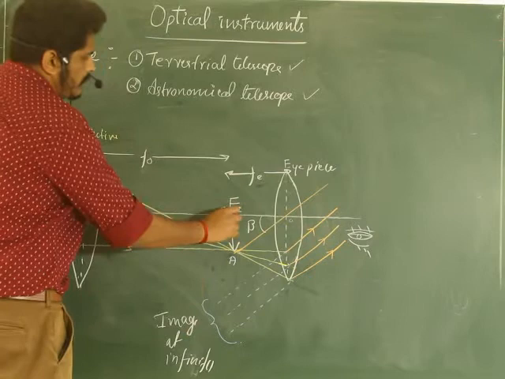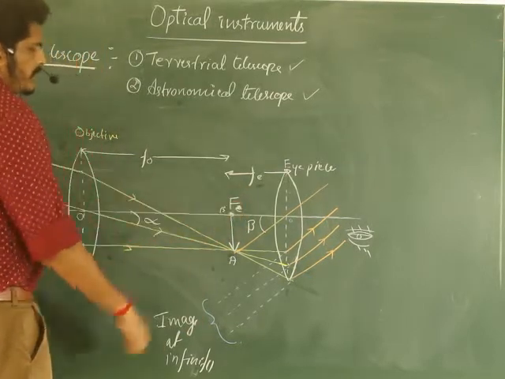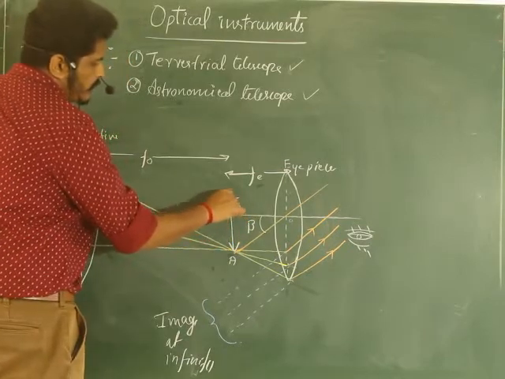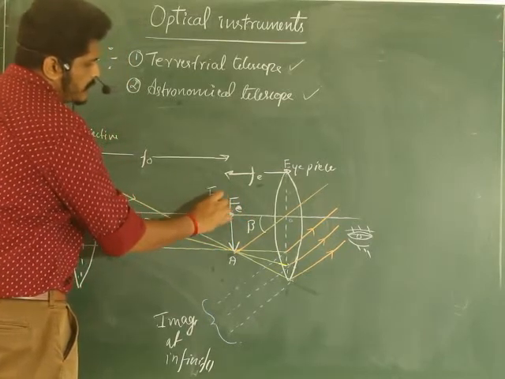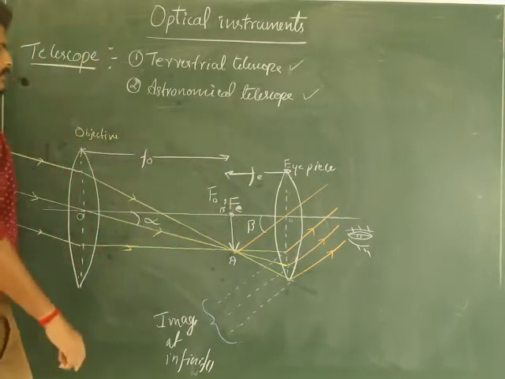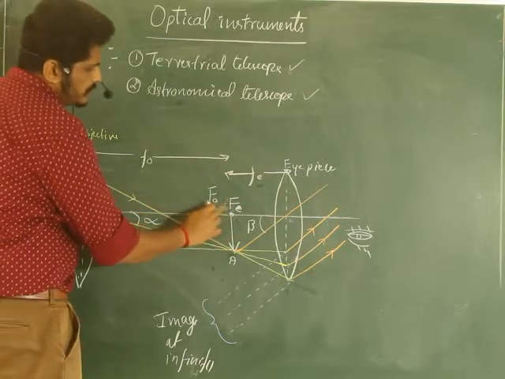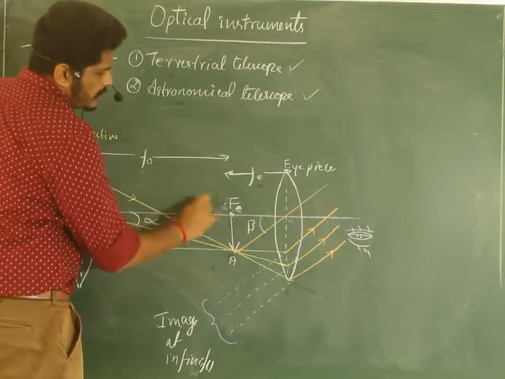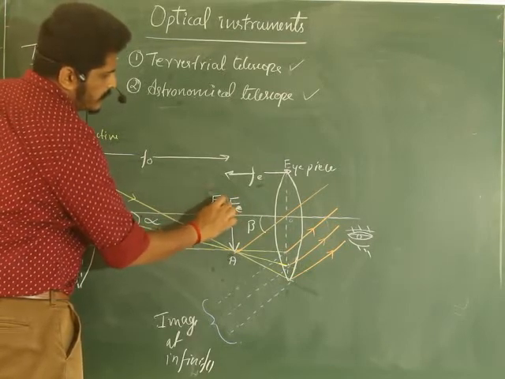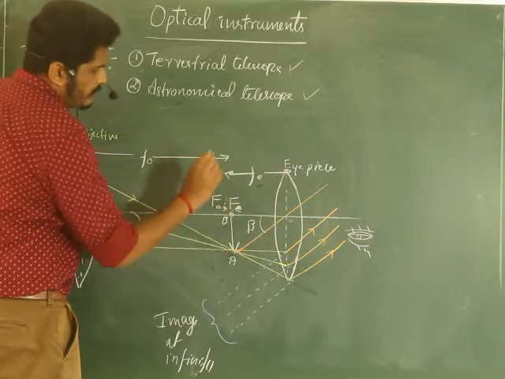This is the principal focus of the eyepiece, and exactly at this particular point itself, I will write one more here, the principal focus of the objective should also be there. So what we can understand from this, sorry for this, I'll write it together, so no one has any confusion. FO comma FE, okay, this is A, this is B, fine then.